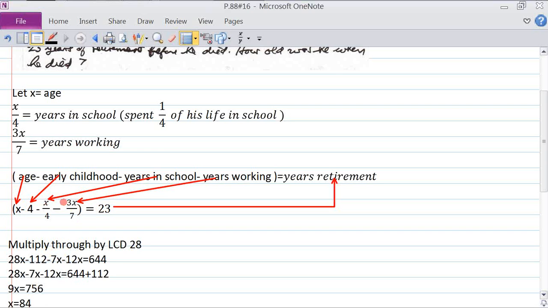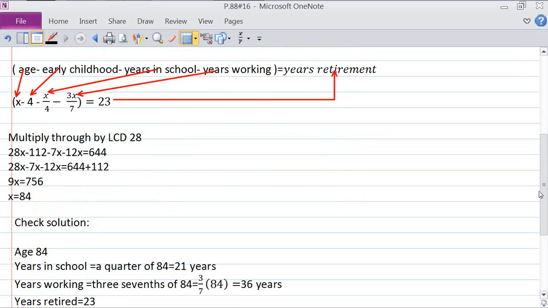We're multiplying through by 28. 28 times 3 would be 84. 84x over 7 gives me minus 12x. Multiply each term by 28, and I get each of these terms. And 23 times 28 gives me 644.